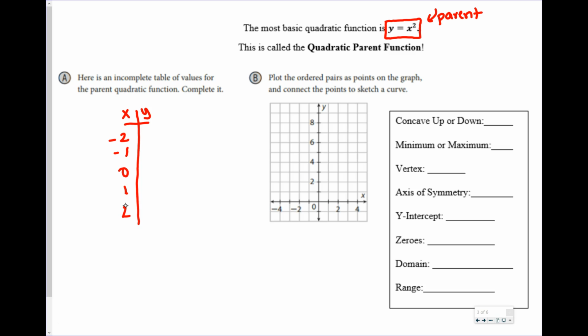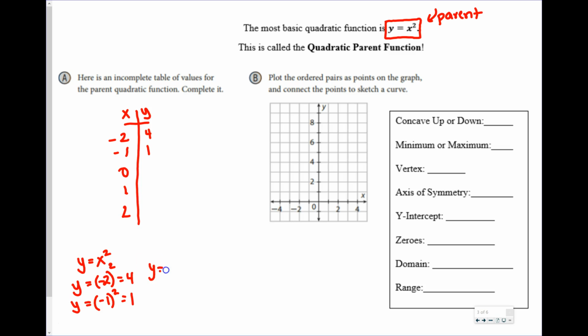So now to make a table, remember I have to take that x value and plug it into y = x squared. So when I plug in -2, that's going to give me a 4. So when x is -2, y is 4. When I plug in -1, -1 squared is 1, so at -1 it's 1.